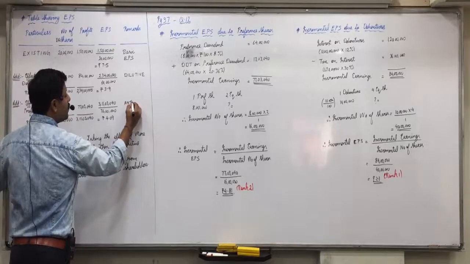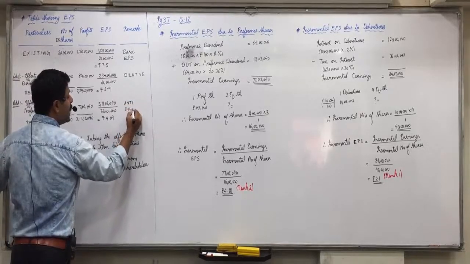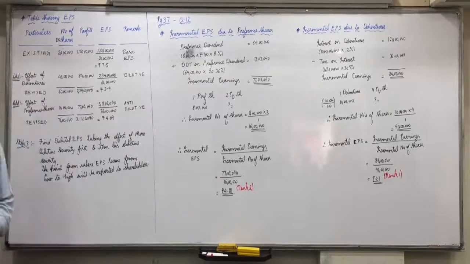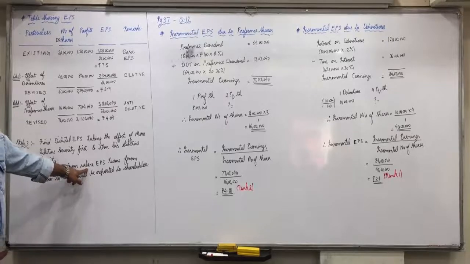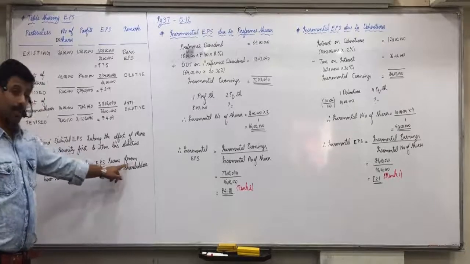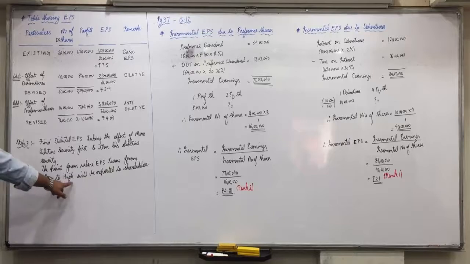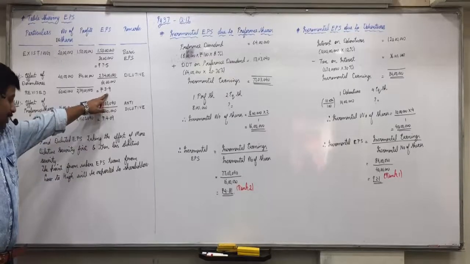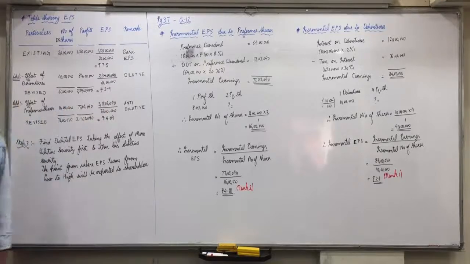So can I say that preference shares will be anti-dilutive? Because EPS is increasing. The point from where EPS turns from low to high. From which point EPS turns from low to high? 3.9 will be reported to shareholders.